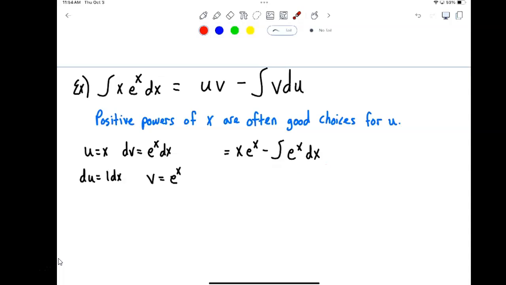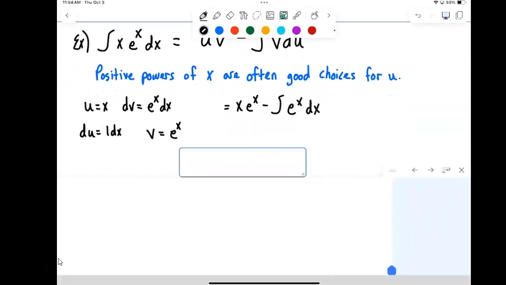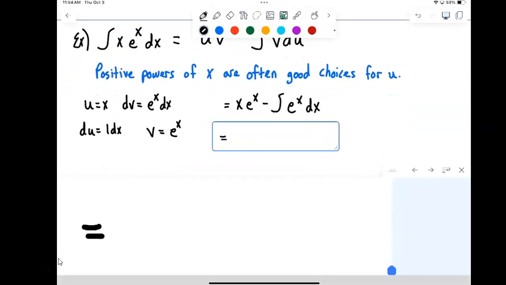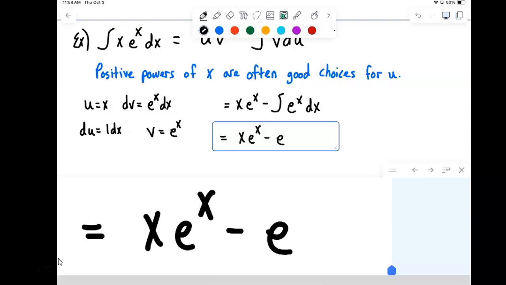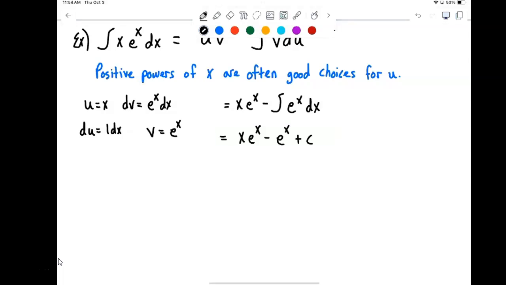We just have this simple integral e to the x dx. So we integrate that. So we get x e to the x minus e to the x, and then plus our constant of integration. Okay, so again, when we're able to do it, positive powers of x are often a good choice.